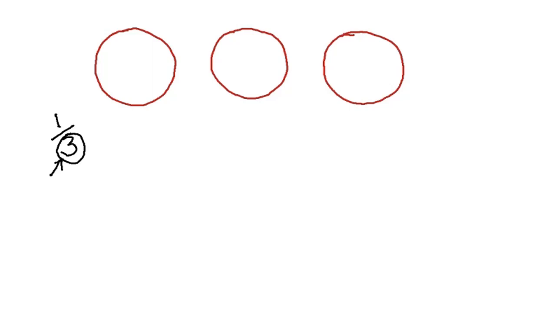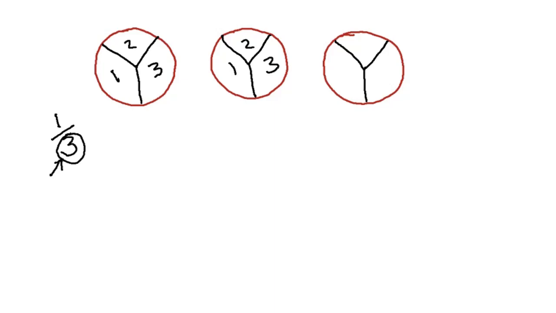So we're going to divide each pizza into 3 equal parts, 3 equal pieces. So 1, 2, 3 equal pieces in this pizza, 1, 2, 3 equal pieces of this pizza, and 1, 2, 3 equal pieces of this pizza.